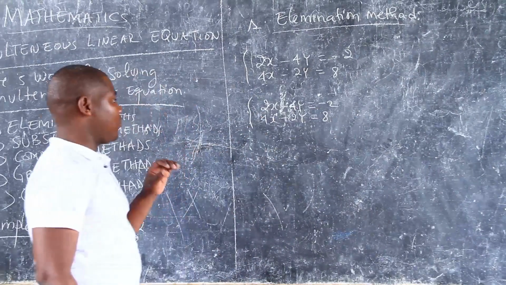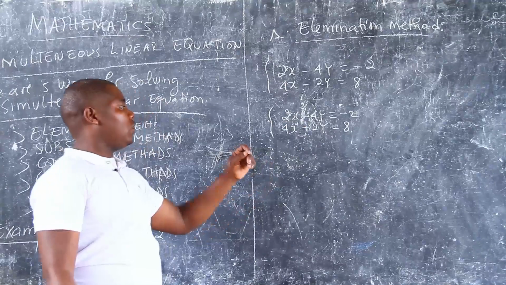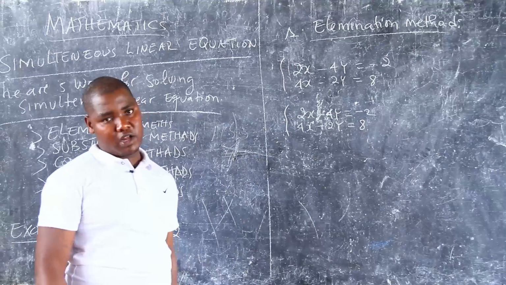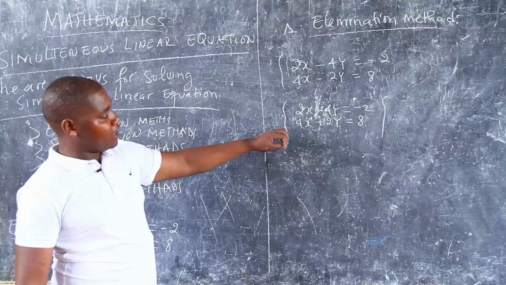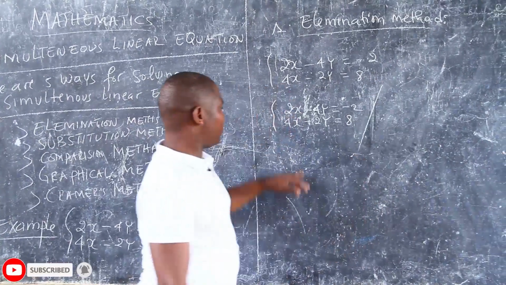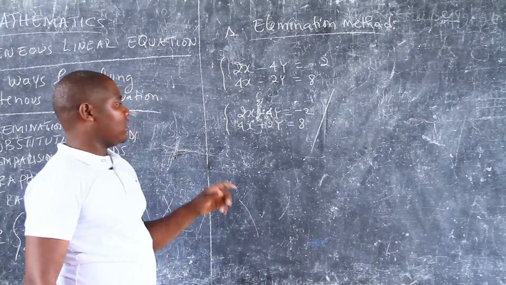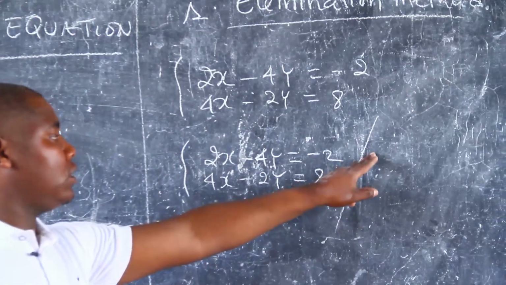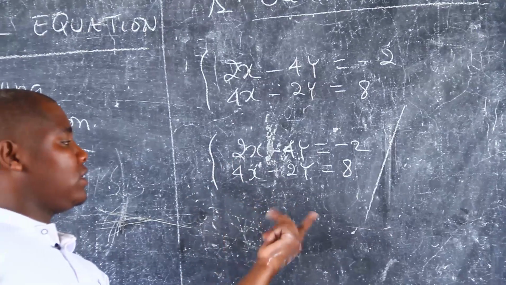In elimination method, we are going to eliminate one variable. What can I do? You can eliminate x or eliminate y in order to find the value of the other. Let's now eliminate x. I have a 2 and 4. What I'm going to do is find a number to multiply in order to get the same number so I can eliminate them.